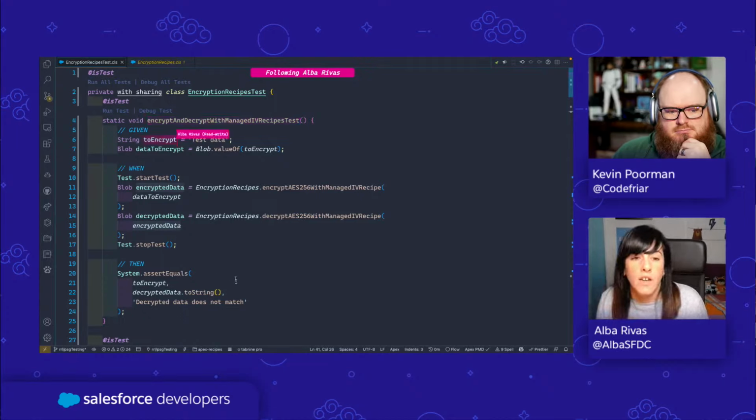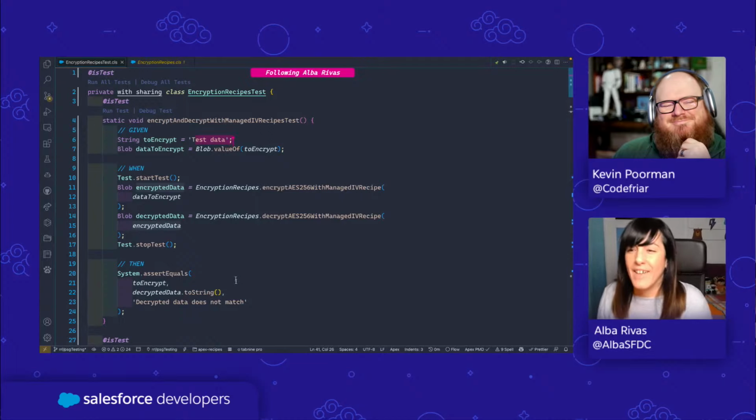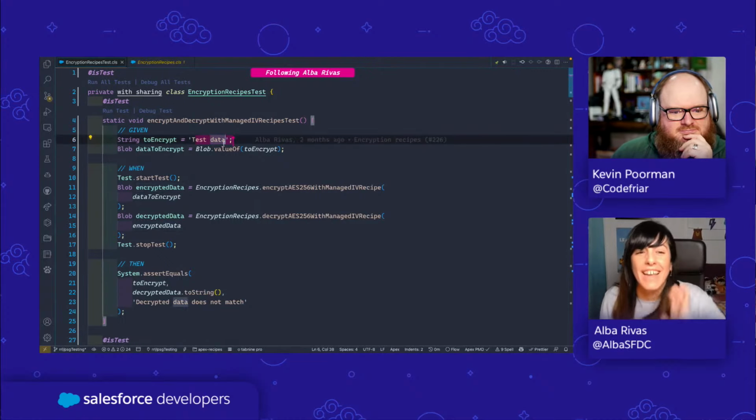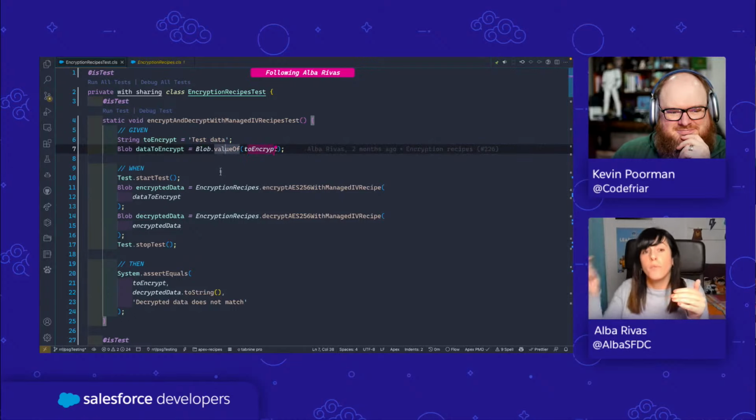So basically here we are using a string that we want to transmit. Here is just test data. I'm not original. I'm sure that Kevin would have used something much more fun, but I just decided to use test data. And what we do is transform it to blob format, because we need to pass the information to those methods in binary format.